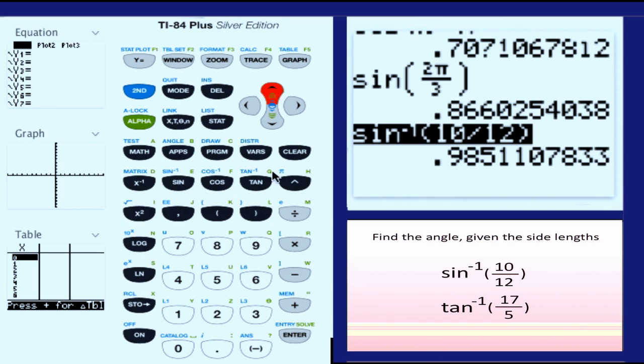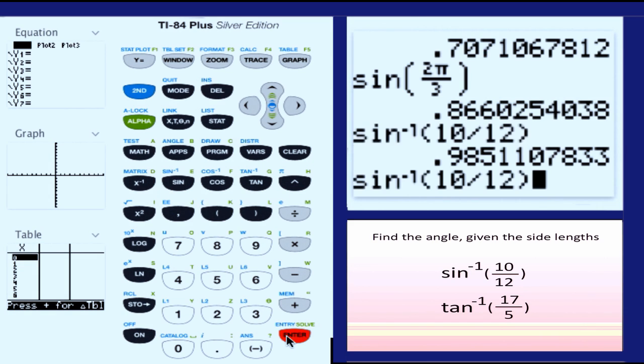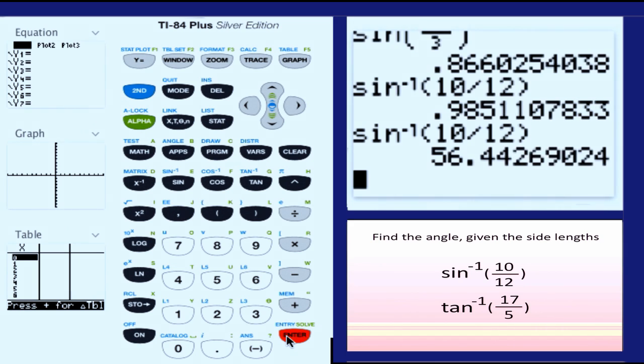So I scroll up, highlight arc sine 10/12, press enter to choose it. And now it's going to recalculate this in degree mode. So press enter again. And so that angle that has the side lengths of 10 and 12, the angle would be 56.44 degrees.